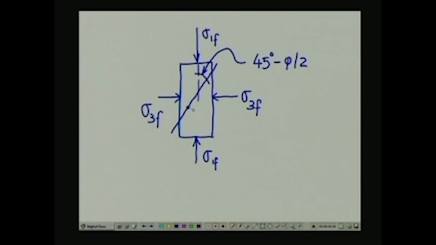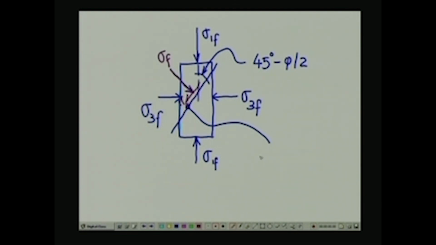So, on this particular plane, the relationship between tau f and sigma f: if you imagine that there is a normal stress on this plane, let us call this one sigma f, and this one is going to be tau f.